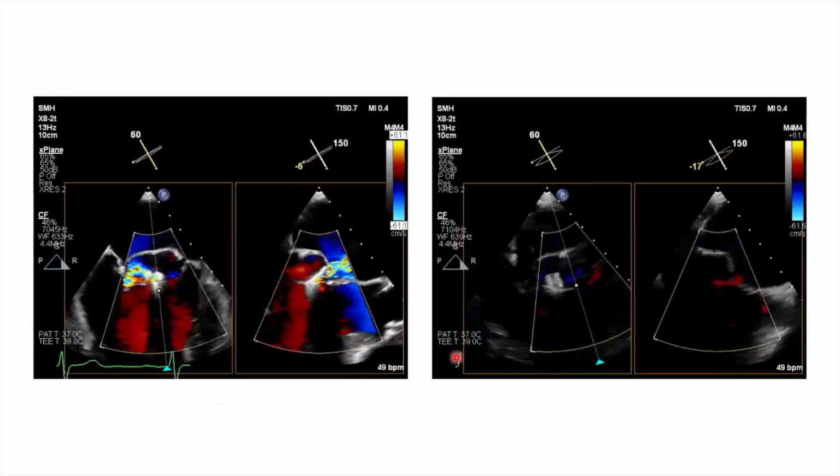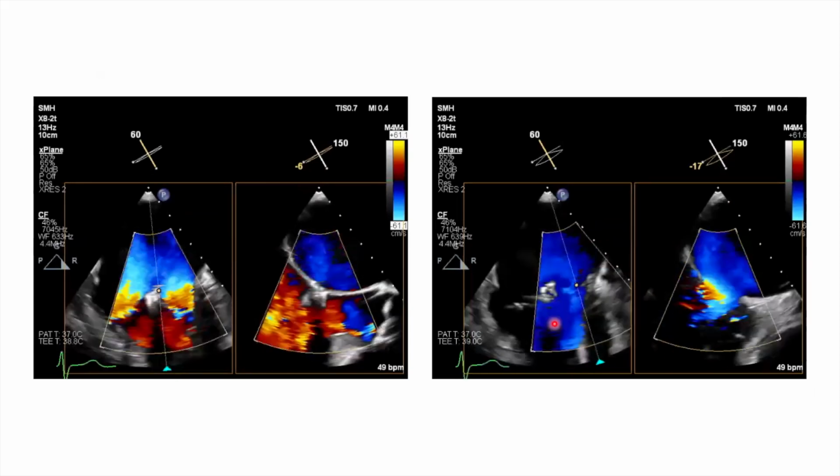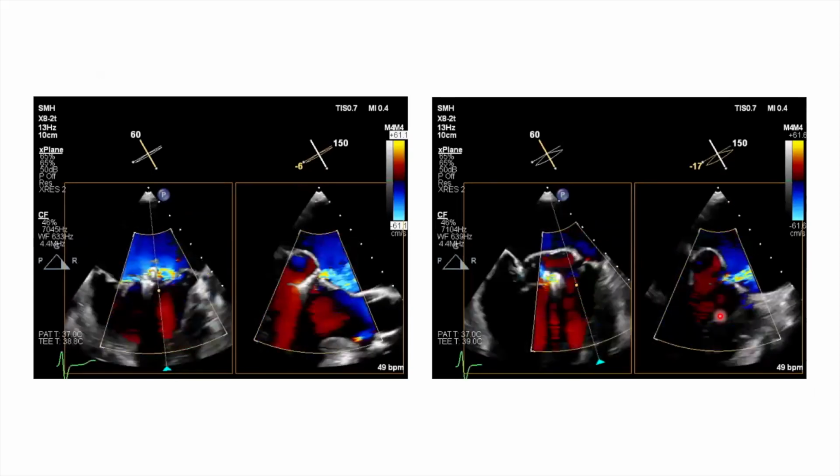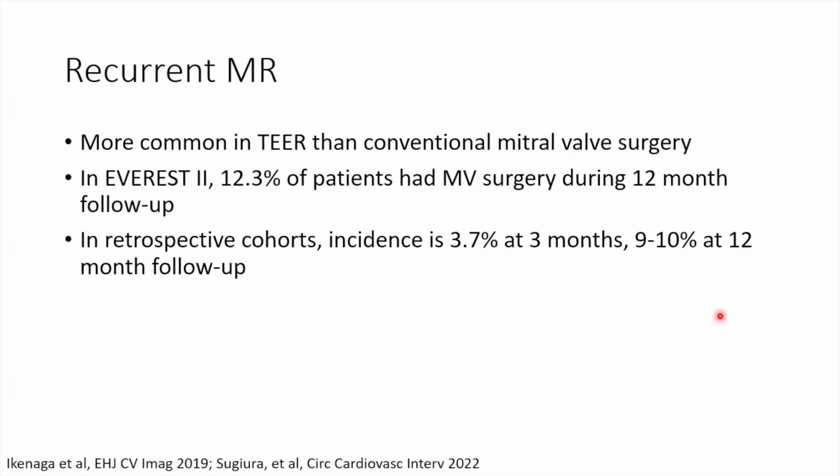If we X-plane through the clips themselves, they're well attached. There's really minimal regurgitation lateral to that clip. So that was actually the pathology of why this patient had new symptoms now, and now severe mitral regurgitation again. So he actually underwent a repeat clip and got it down to mild-moderate mitral regurgitation.